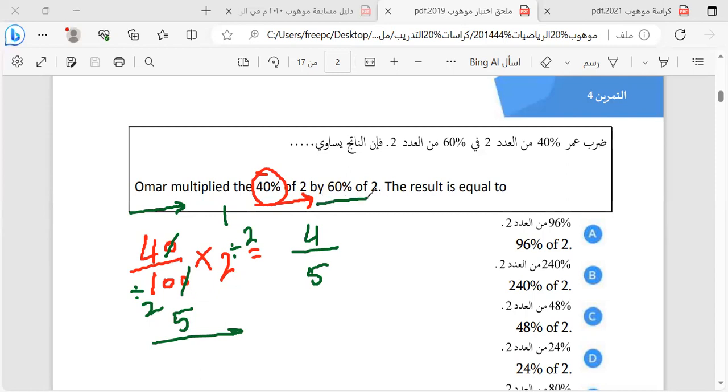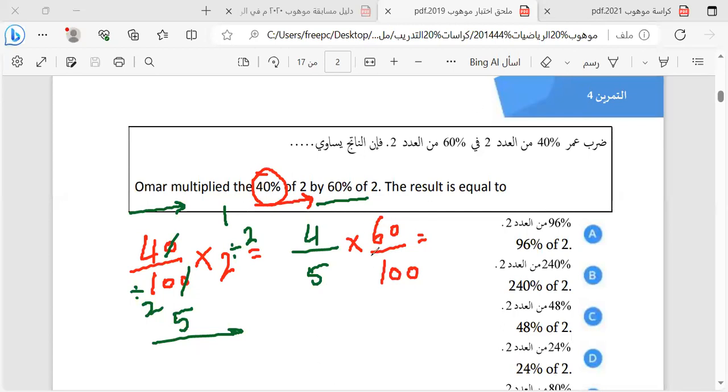Then the second one, multiply by what? 60%. So we multiply by 60 over 100.